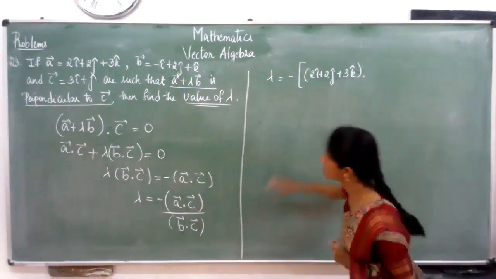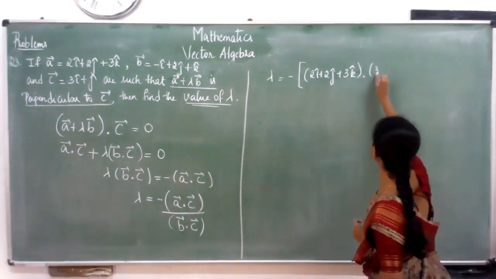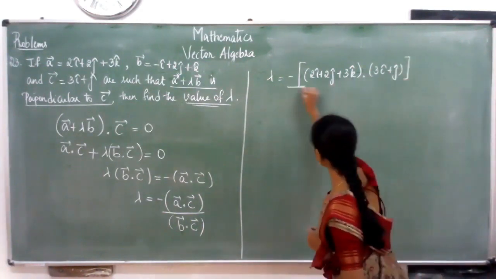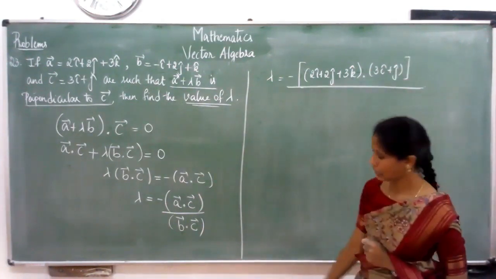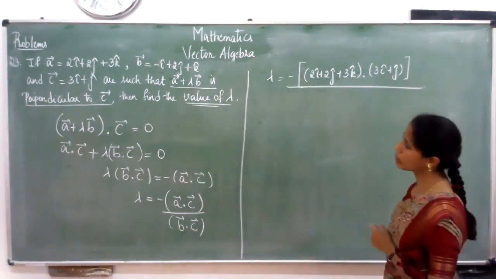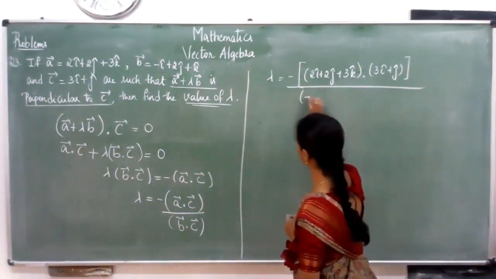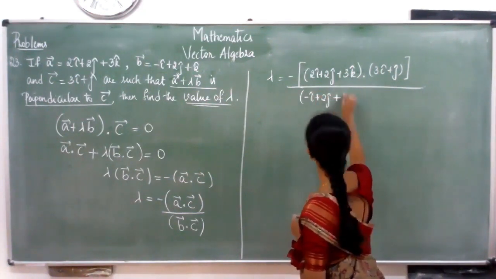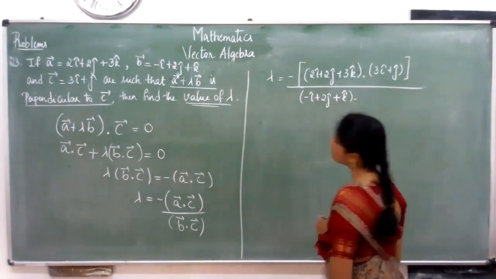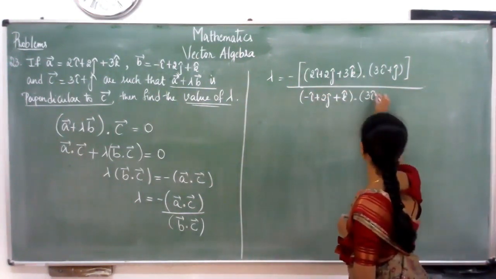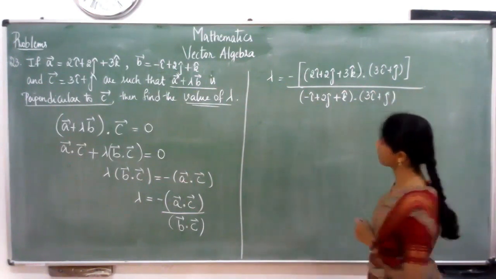Then we have vector C. So vector C is 3i cap plus j cap whole divided by. Next we have vector B dot vector C. So vector B dot vector C, vector B is given by minus i cap plus 2j cap plus k cap dot vector C. Vector C is 3i cap plus j cap.